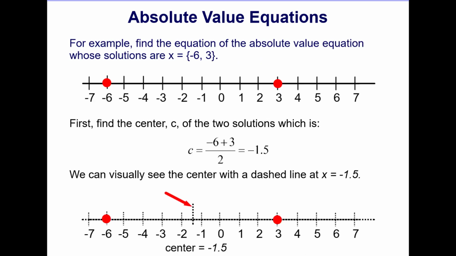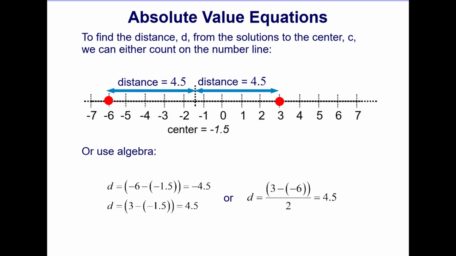Our first step is to find the center, c, of the two solutions, which is c is equal to negative 6 plus 3 divided by 2, equal to negative 1.5. We can visually see the center with the dashed line at x equals negative 1.5. You'll see the red arrow pointing to it.